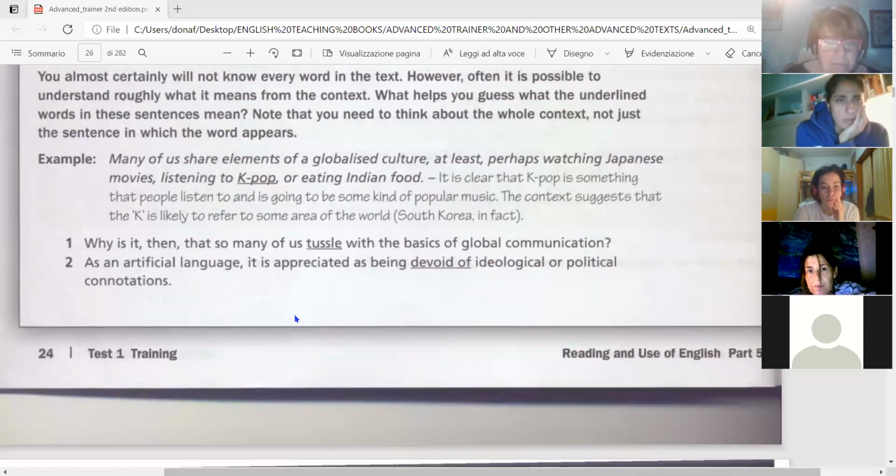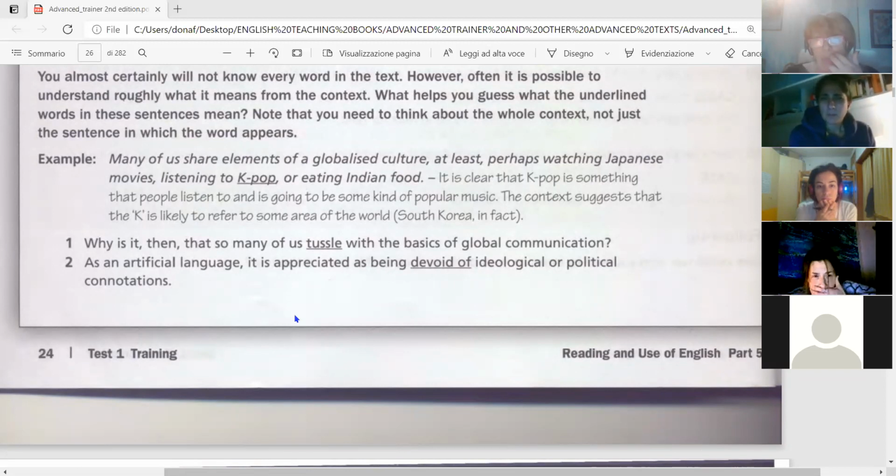Why is it then that so many of us tussle with the basics of global communication? If you know what tussle means, that's okay. But anyway, try to explain using other, similar words.